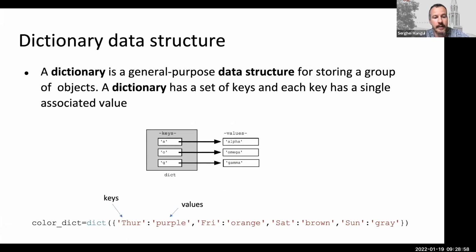You say dict, parentheses, curly braces here, basically repeating the structure. When you define it, you just change those elements, like Thursday, maybe something else, the keys, and then the values, which are colors. Let's say purple, orange, brown, gray, and so on.